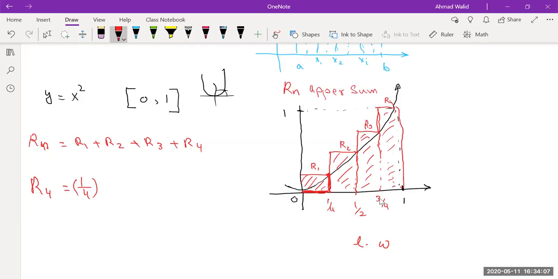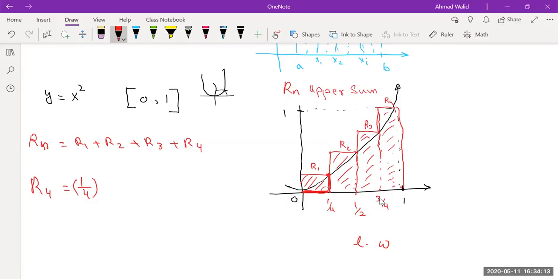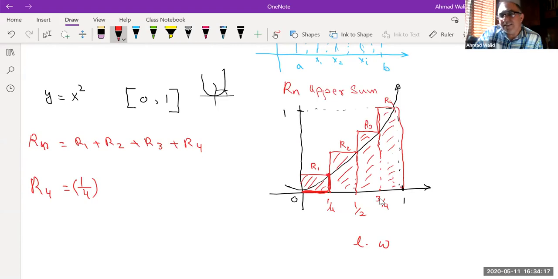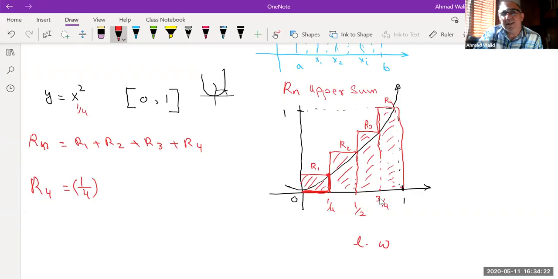Why? Excellent. Good job. Give me the reason: because this is your f of x, right? You have to plug in 1/4 in your formula to get this height. You have y equal x squared. It means your height is 1/4 squared. Agree?